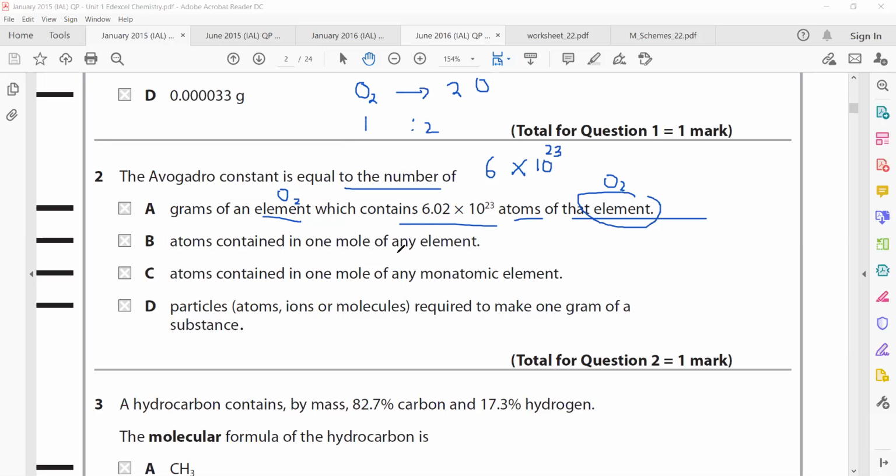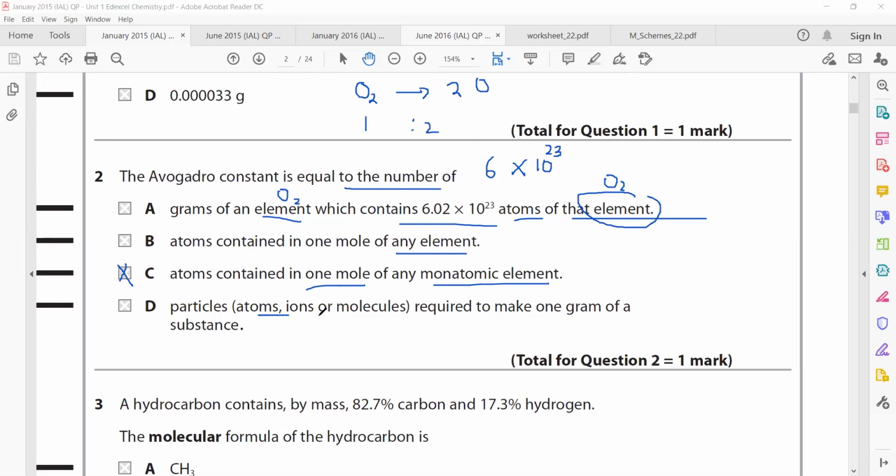It should be a monoatomic element, because monoatomic means one atom makes up the molecule. Example, helium, neon. So it is the number of atoms present in 1 mole of a monoatomic element, not any element, because oxygen can exist as O2, so it will not have the same number of atoms as Avogadro's number. Is it clear why statement C is correct?